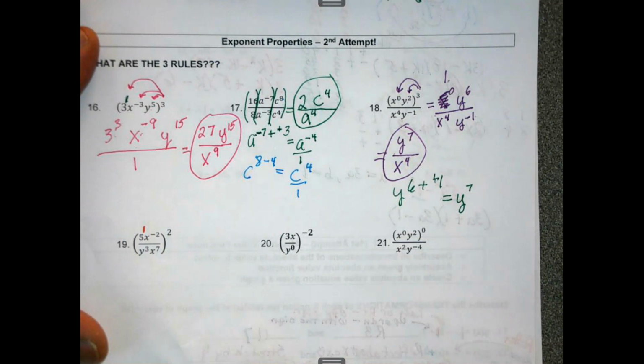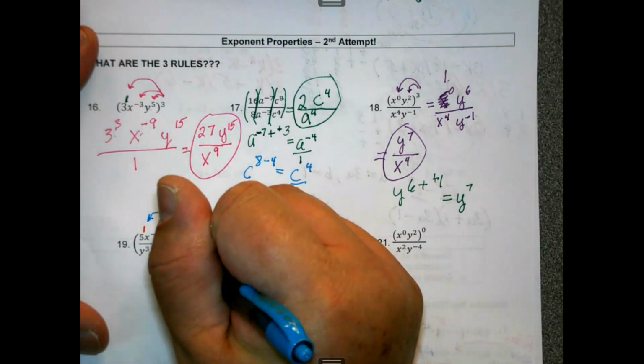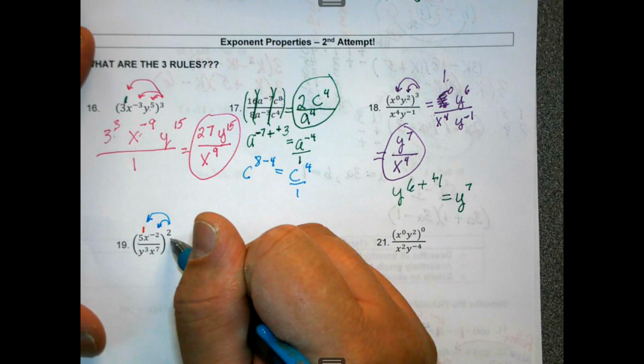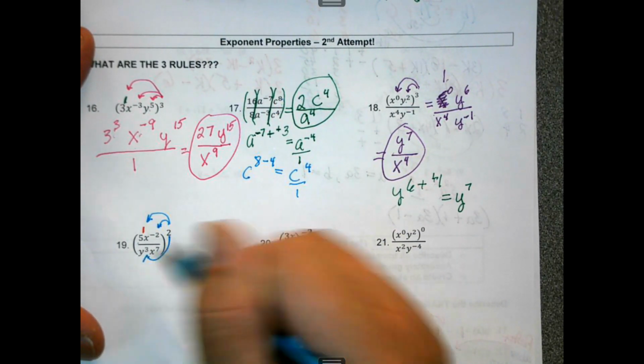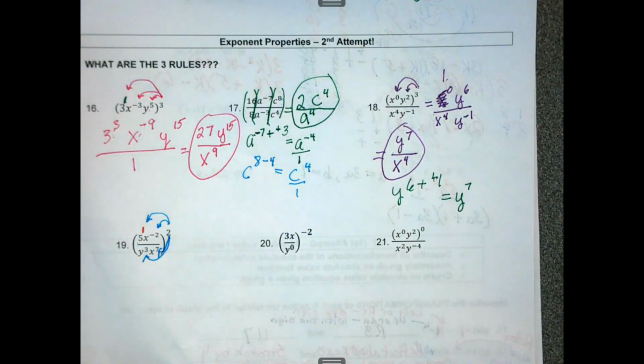That 5 has an exponent of 1. Again, I have to distribute to each exponent. And since the denominator is also included in the parentheses, I have to multiply those exponents as well.